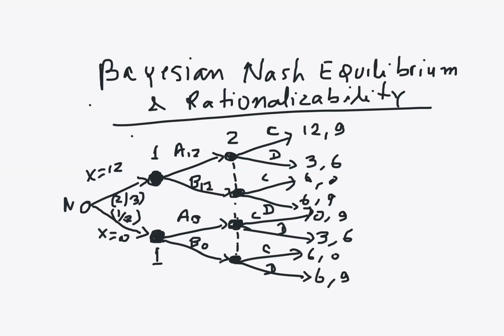So next, I will convert this game into the Bayesian normal form. And you have learned that in the previous video. So it's the same procedure we're going to apply here. Okay, so let's convert this game into the Bayesian normal form.